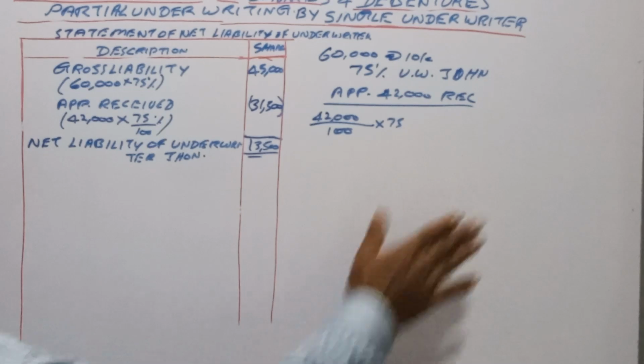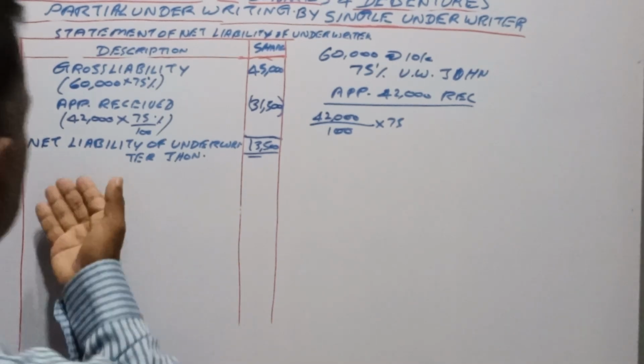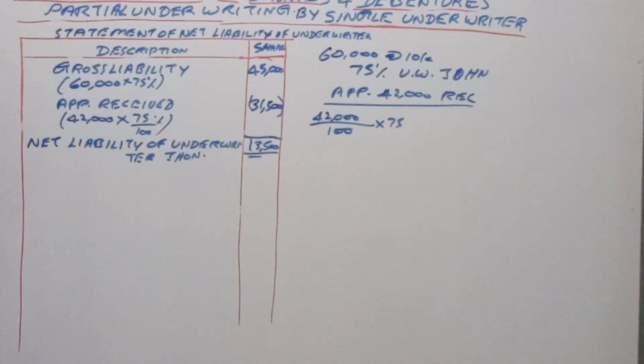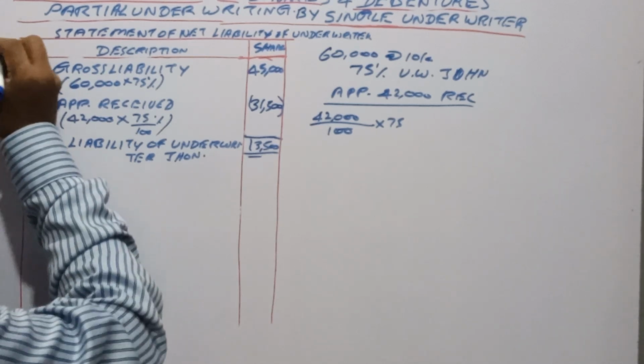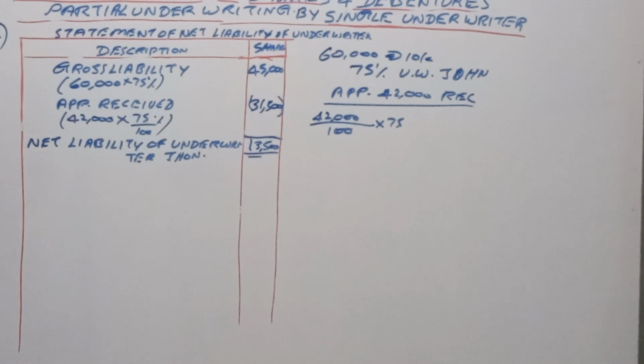You have to state the assumption there. So this is the gross liability, question number A of this.